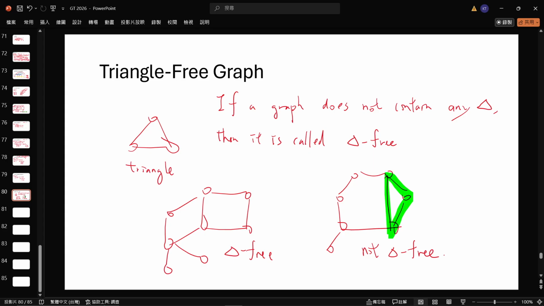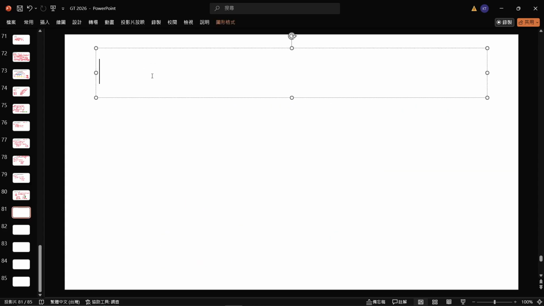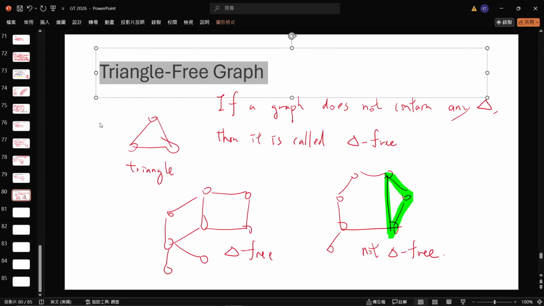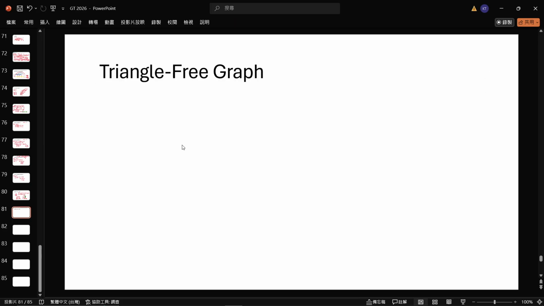Okay. So the question that we're going to consider is, I want you to create a triangle-free graph with the most possible edges.